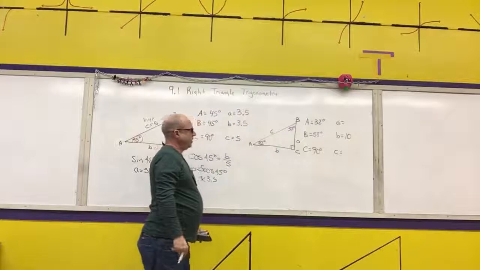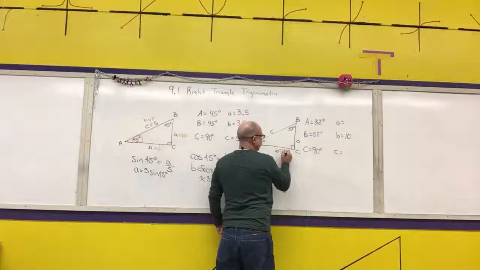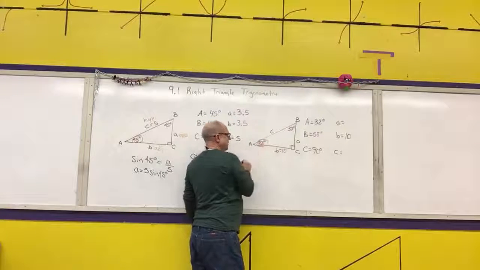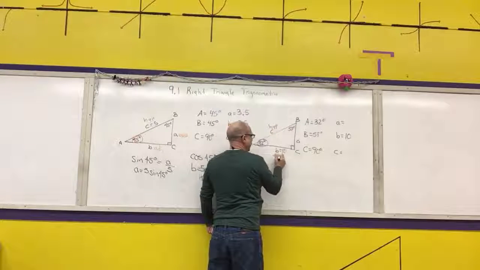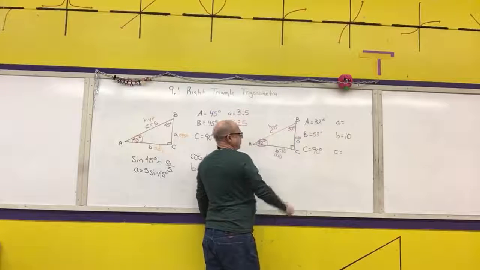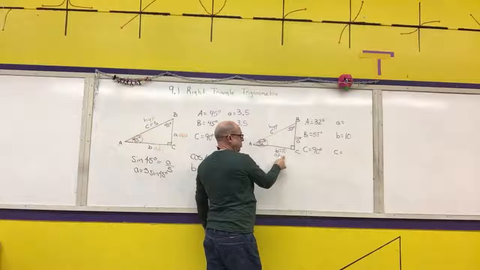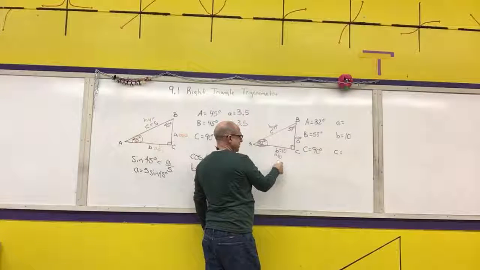So I now have that angle. They tell me that B is 10. I'm going to take the angle they gave me, label my sides: hypotenuse, opposite. I want to find A. They gave me B. The trig function that has opposite and adjacent in it is tangent.